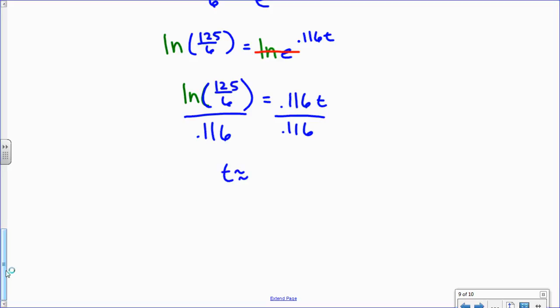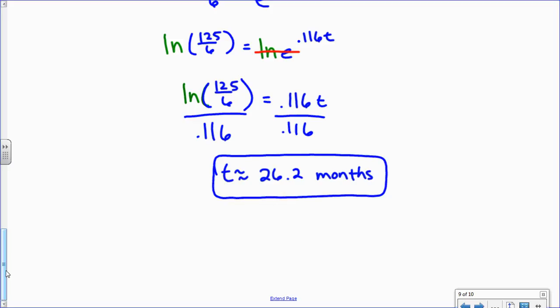Let's round to just one decimal place. So we should get 26.18. Or if we round to one decimal place, 26.2. What did you guys get? Okay. So a little over 2 years. All right. We'll stop.